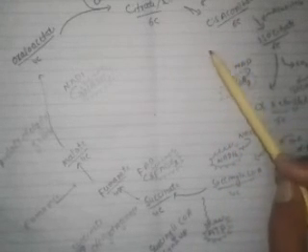Then citric acid is converted into cis-aconitate through the aconitase enzyme. Then cis-aconitate converts into isocitrate through aconitase. Then isocitrate converts into alpha-ketoglutarate.